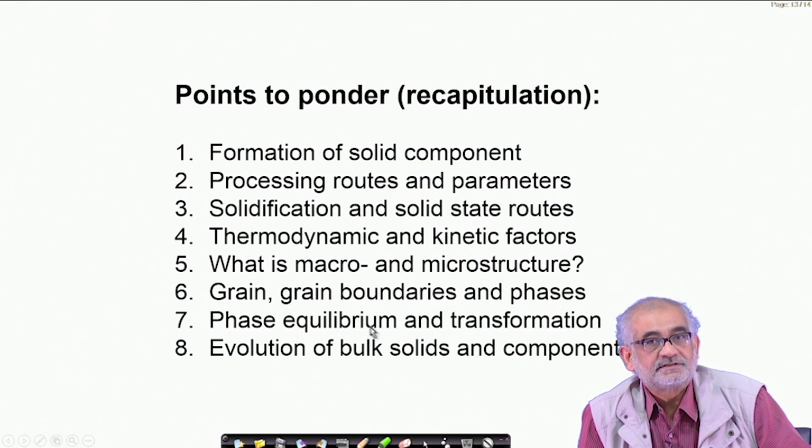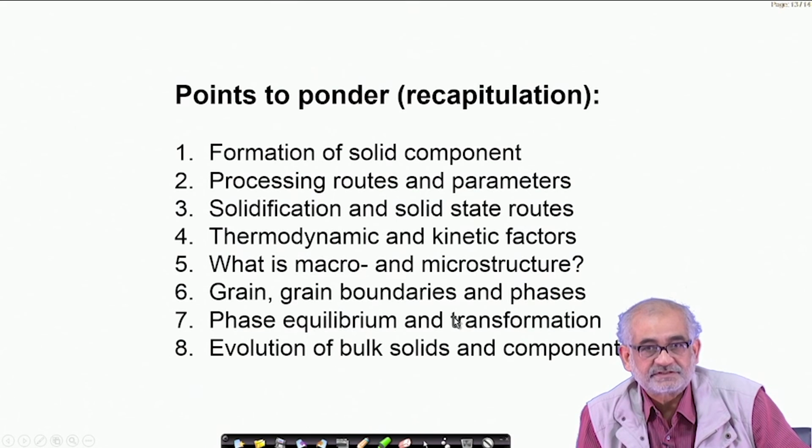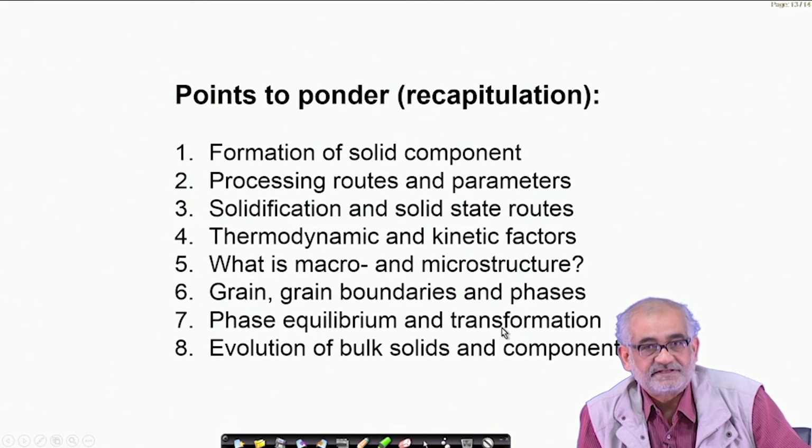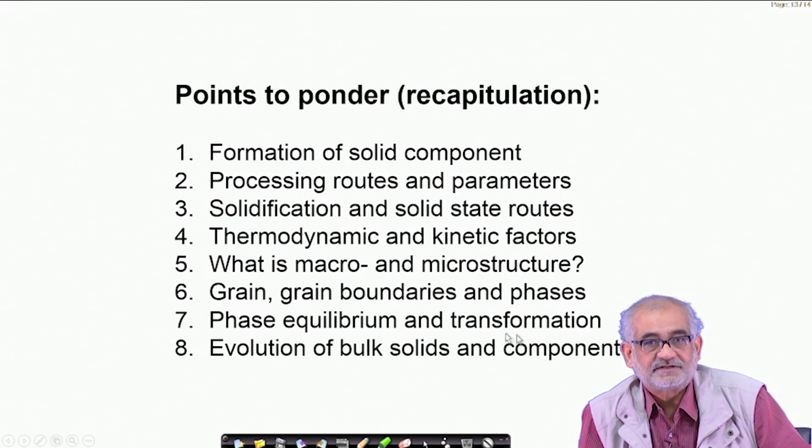When the chemical potential of a particular component is the same for all the phases present in an aggregate, then we say the microstructure or the aggregate is in equilibrium. When we see differences between phases, then we see the possibility of a transformation.